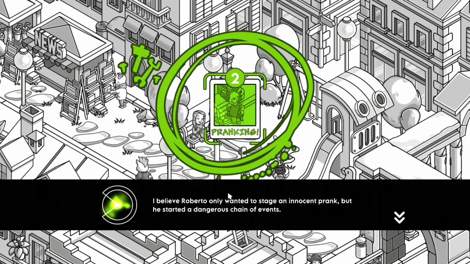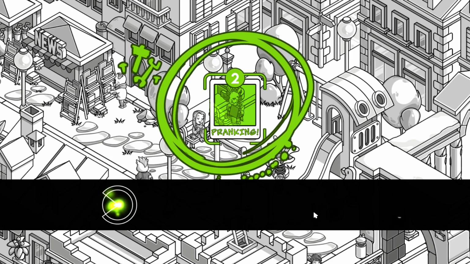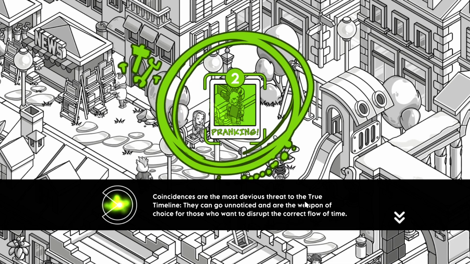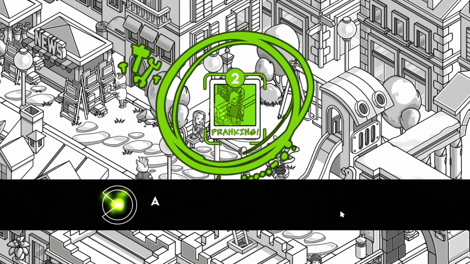I believe Roberto only wanted to stage an innocent prank, but it started a dangerous chain of events. Coincidences are the most devious threats to the true timeline. They go unnoticed and are the weapon of choice for those who want to disrupt the current flow of time.